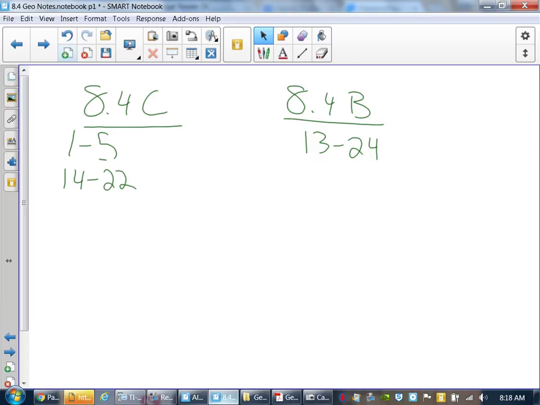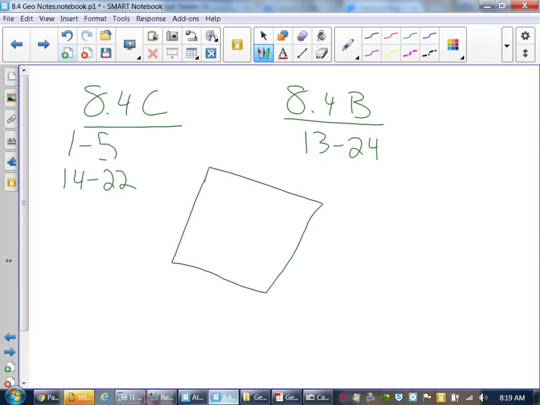I want you to look at number 15 on the C side. Number 15 tells you that W, X, Y, Z is a rhombus. But what don't you see? A picture. If it's a rhombus, it tells you the angles.